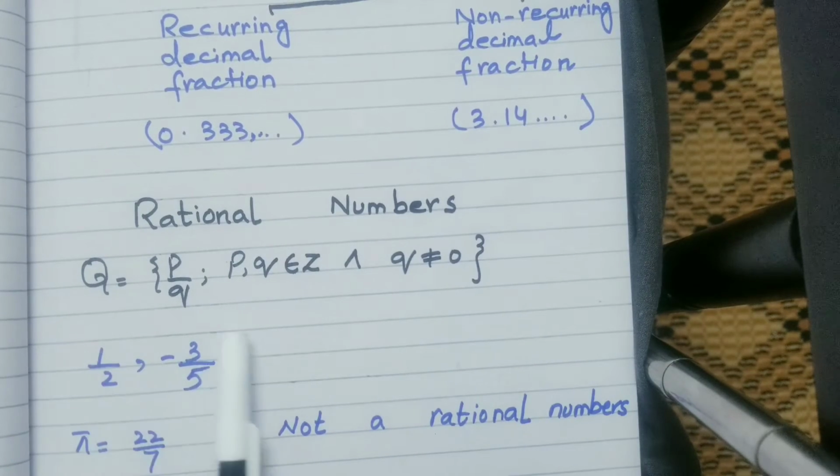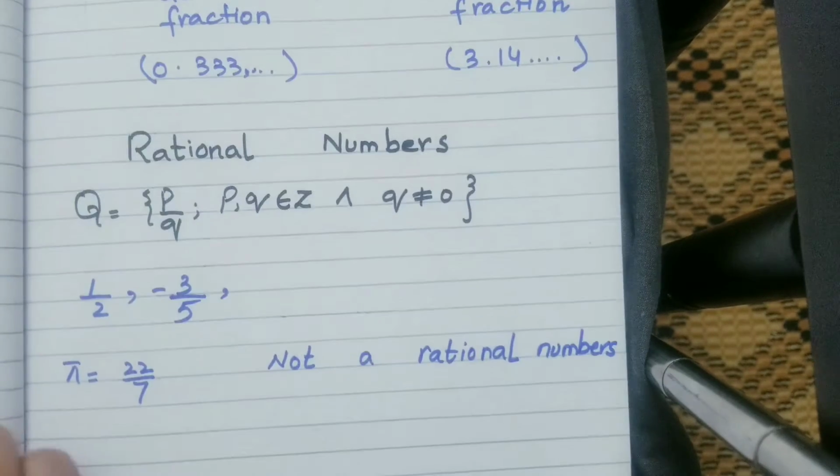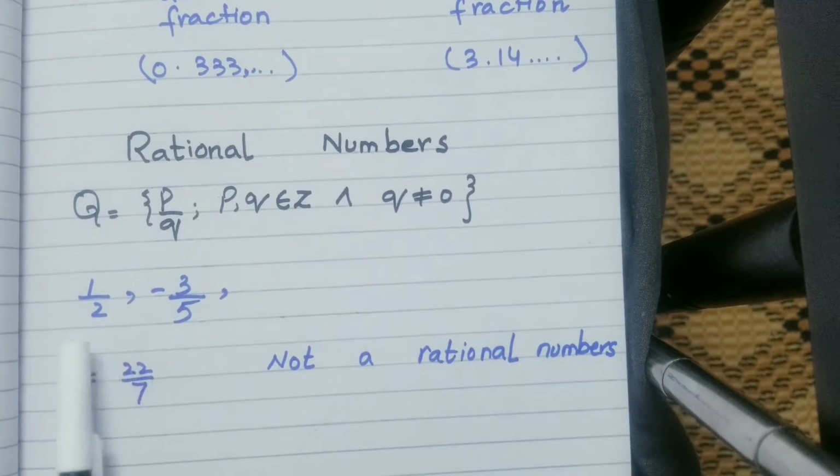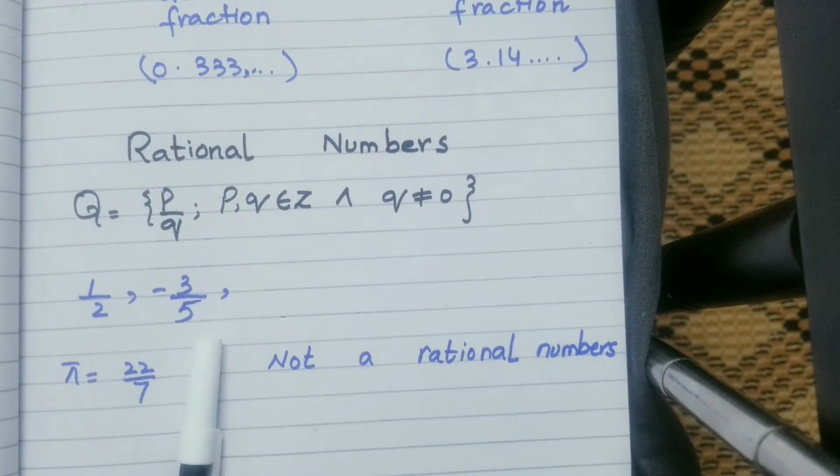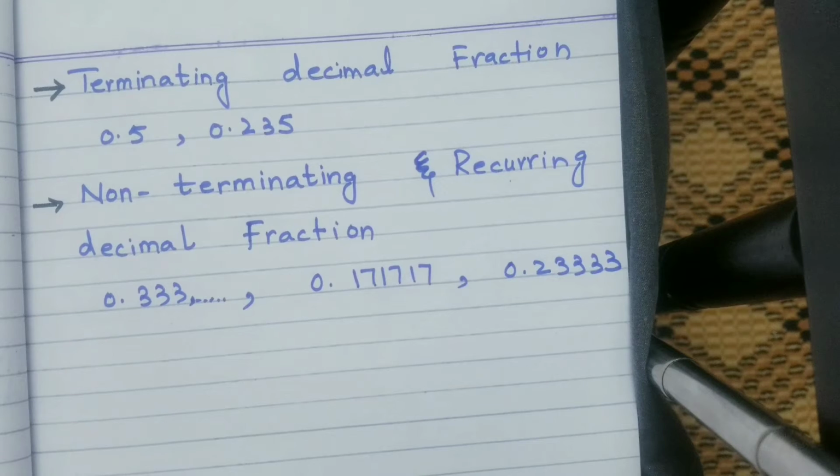So this is a fraction form, and we can say that these two numbers are rational numbers. But 22/7 is also a fraction form, but we can't say this is a rational number. It is equal to pi. 22/7 is not a rational number.